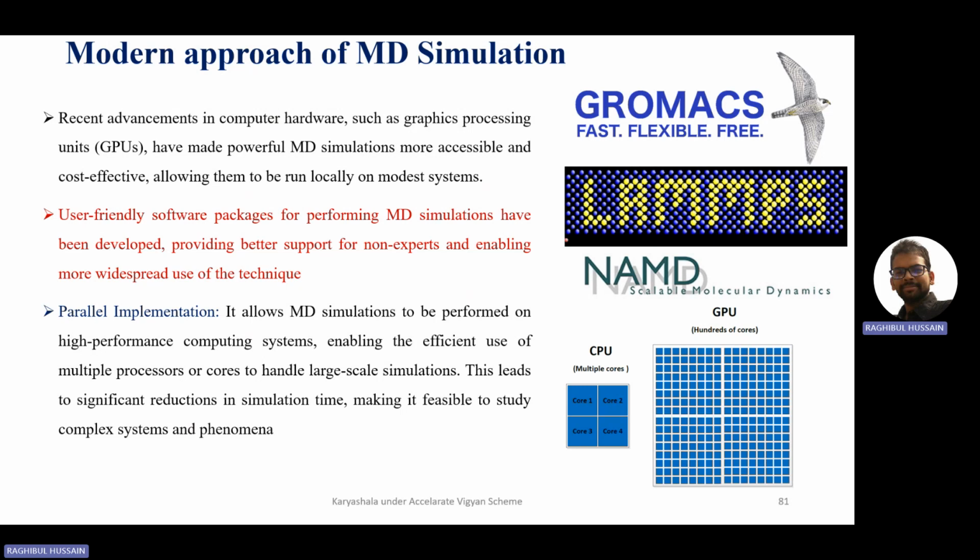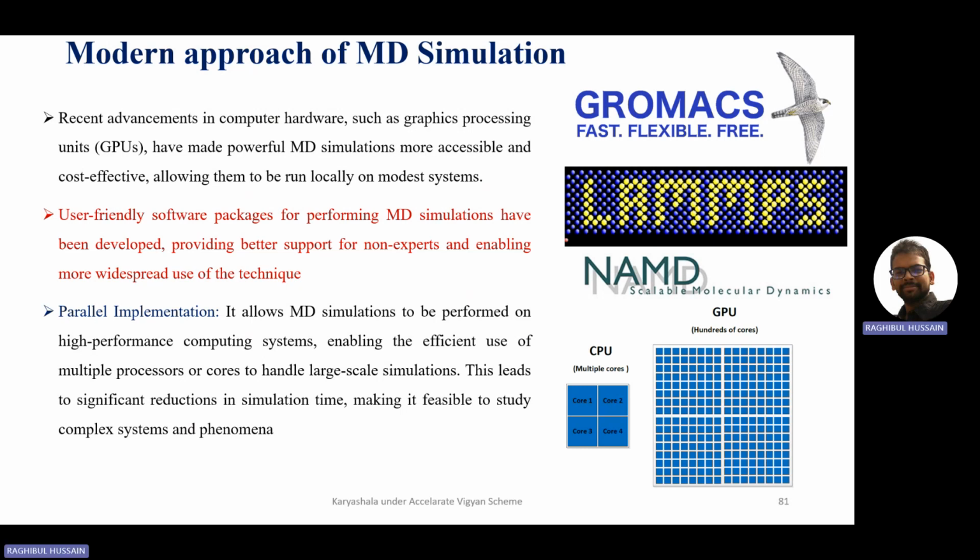That means most of the GPU cores are inactive for our systems as well. We can give more atoms or more configurations to the system, and then we get optimum GPU performance.